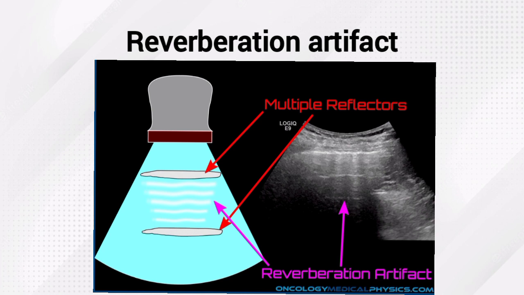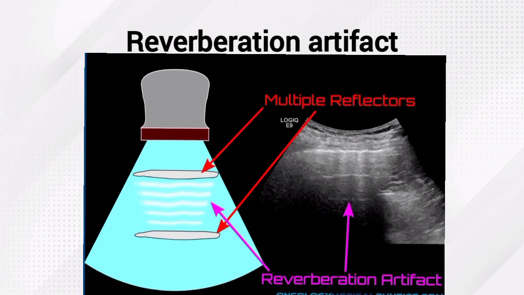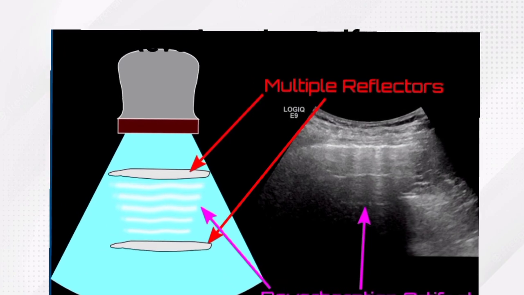You can also have that in gas-containing structures because they are strong reflectors also. Reverberation artifact is often seen at the edge of the image in the near field due to poor contact between the transducer and the skin.